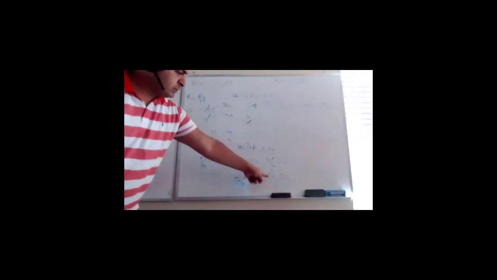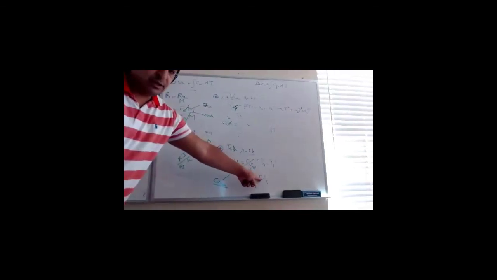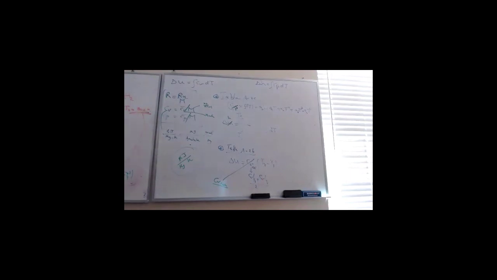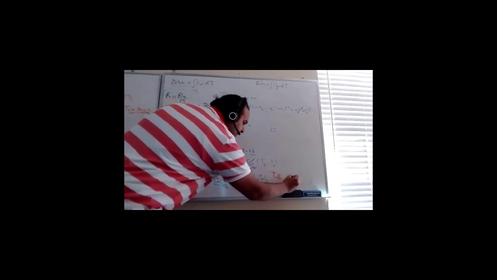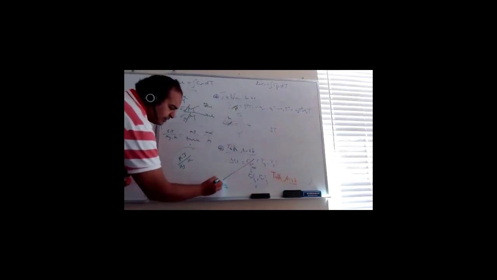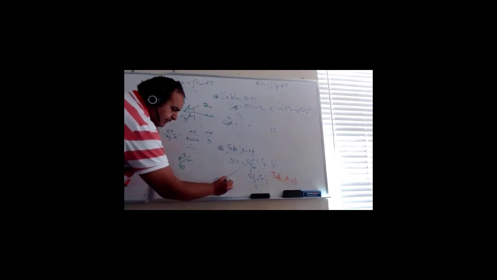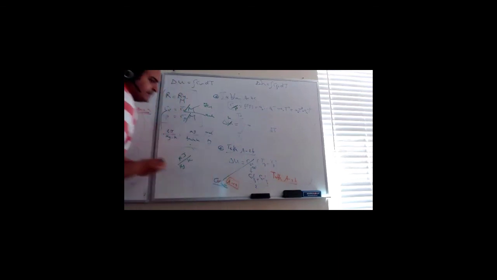Just CV at T2 plus CV at T1 divided by 2, which is table A to B. If you want CV at room temperature, table A to A. And this solution is given for you in pages 63 and 64 in your book. Let's take a quiz.